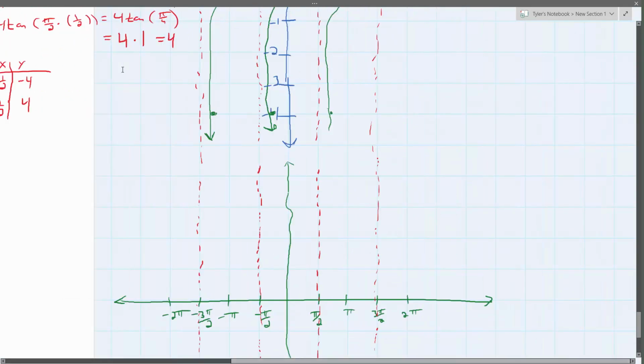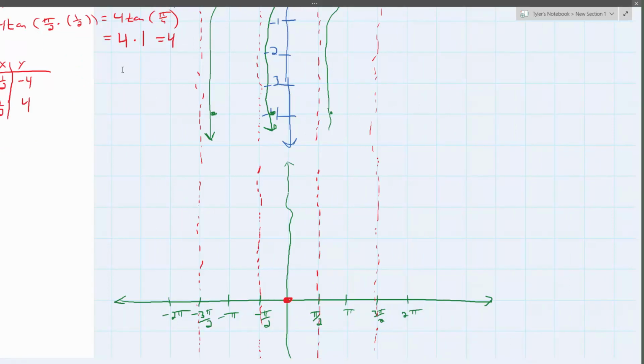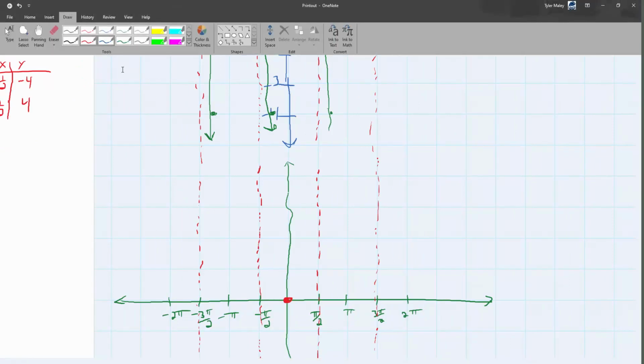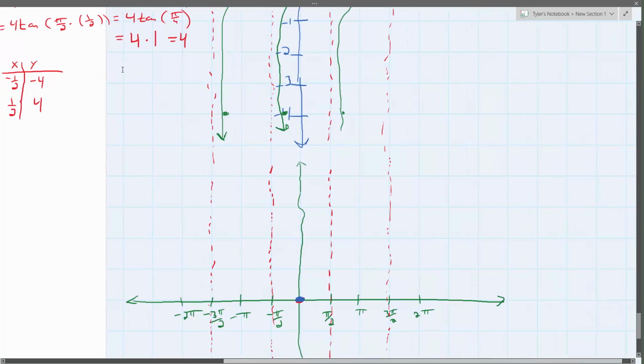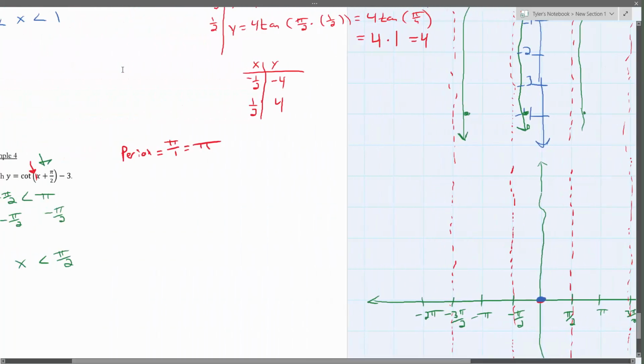Right? So then I know I'm going to have an x-intercept right in between, as we did before. And then we just need to find a value right in between. So let's do negative pi over 4 and pi over 4.